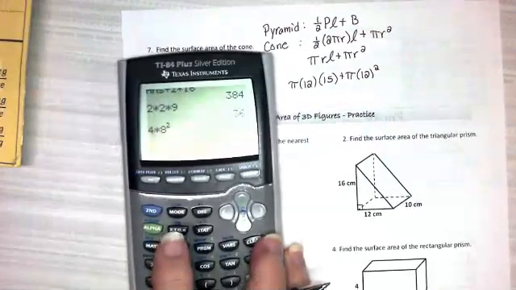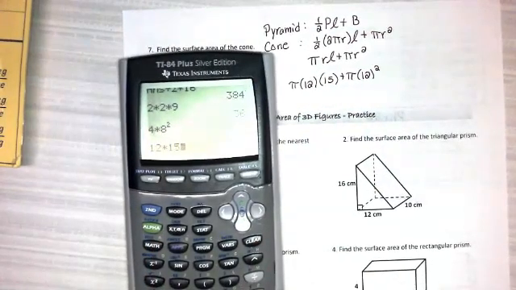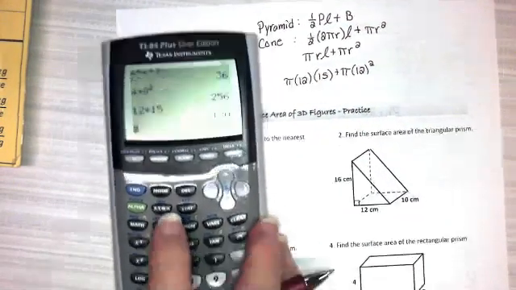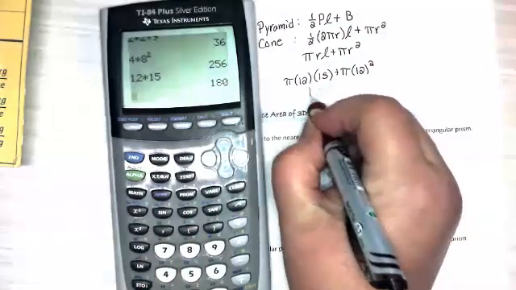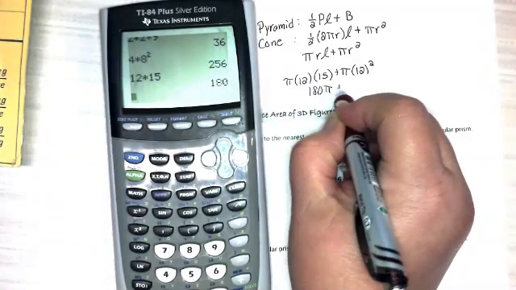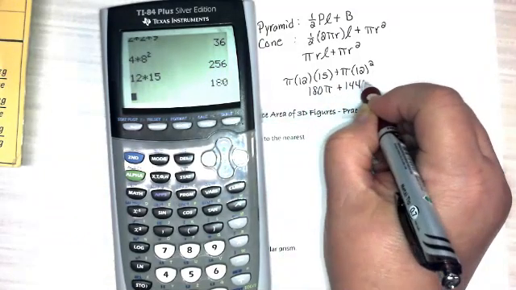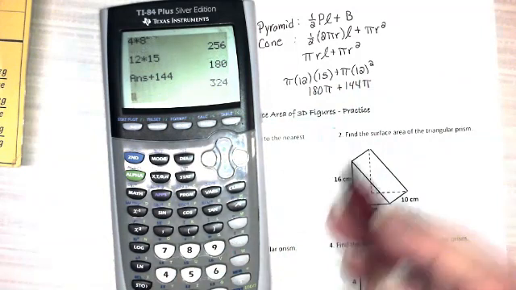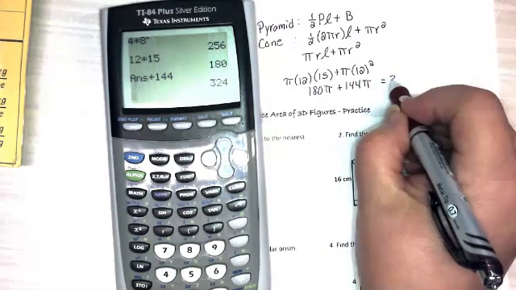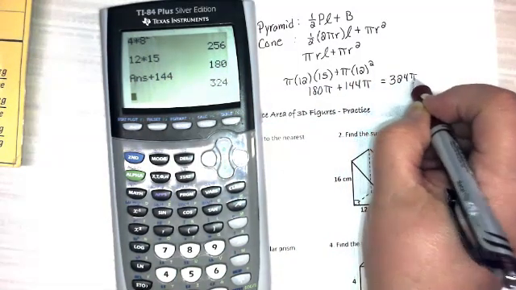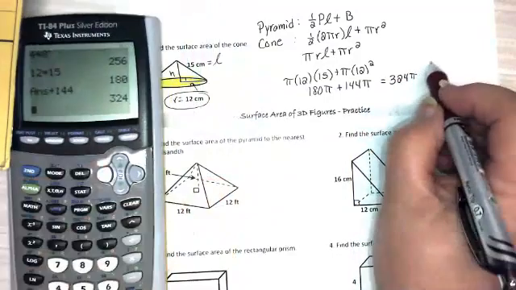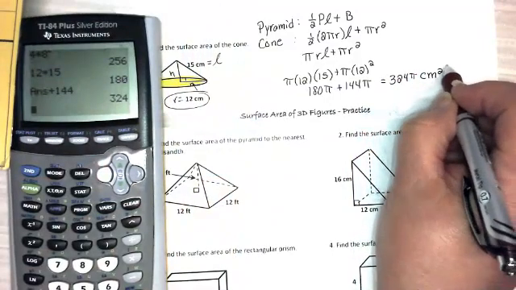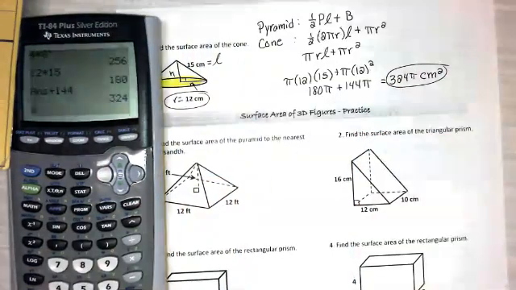And now I just grab my calculator. 12 times 15, we want to see that, 180 pi, plus my base, which is 144 pi. And if you don't want to do that in your head, it is 324 pi square centimeters. And that is your surface area.